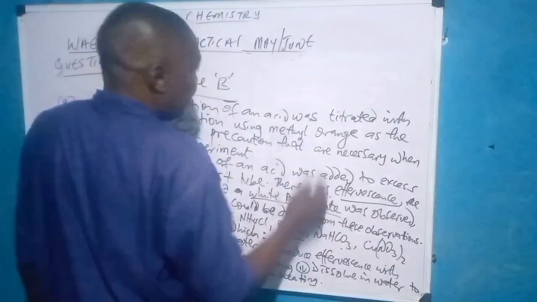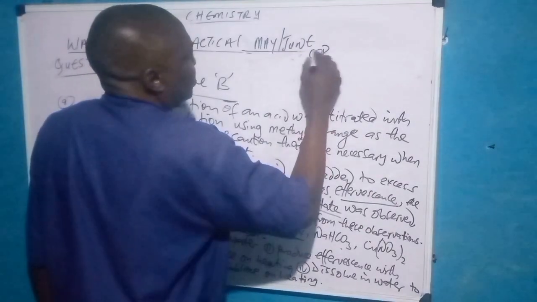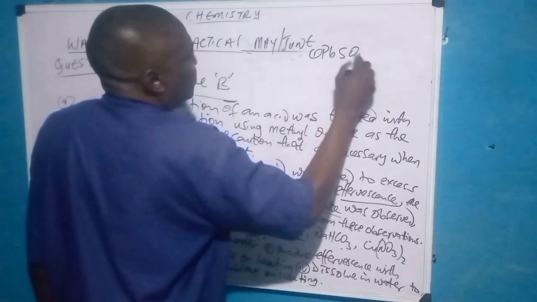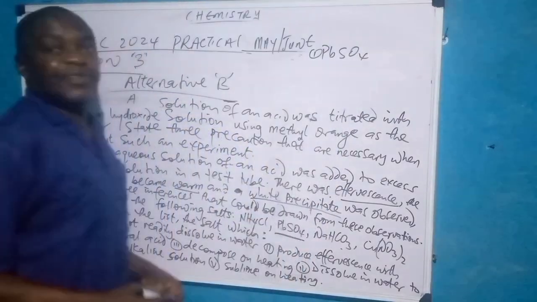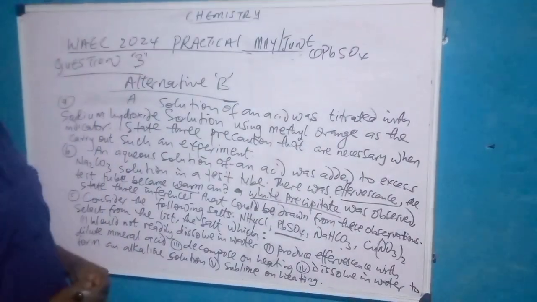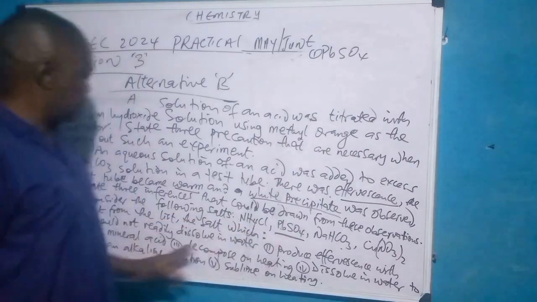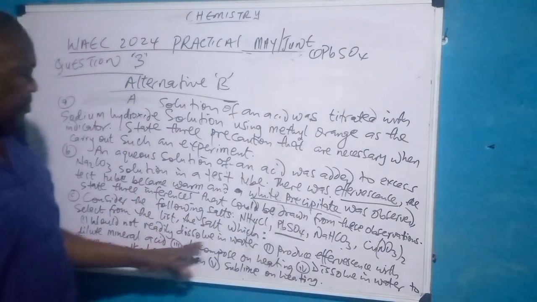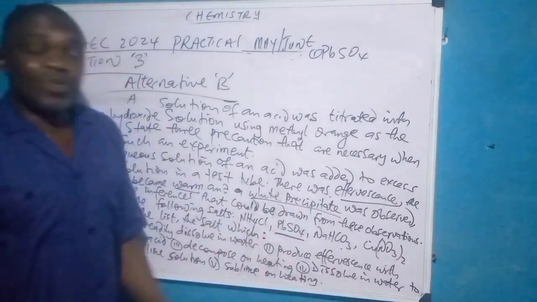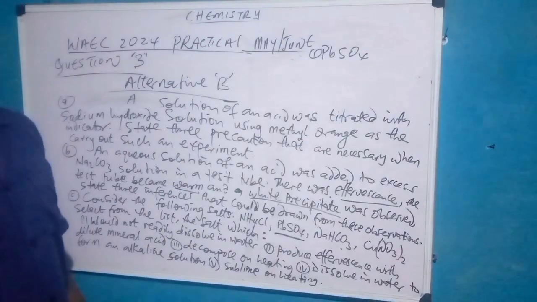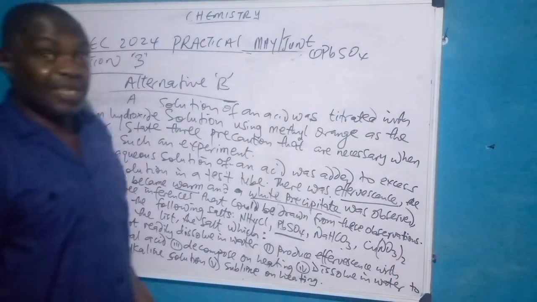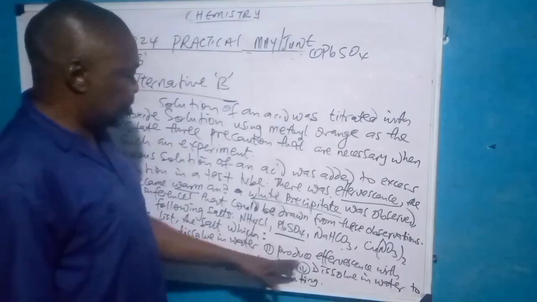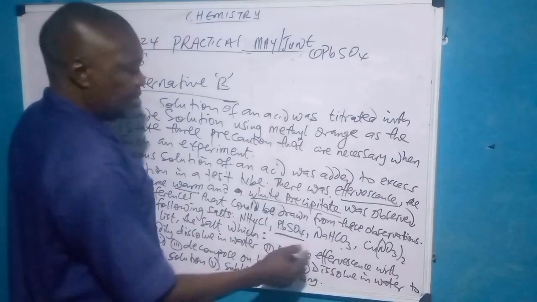Not dissolve in water, you have PbSO4, lead(II) tetraoxosulphate(VI). Lead(II) tetraoxosulphate(VI) does not dissolve in water. Next, produce effervescence. Look for the one that has trioxocarbonate(IV), not carbon dioxide, to produce effervescence. So this is the one that has it.